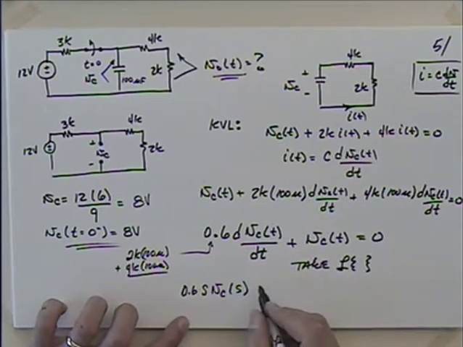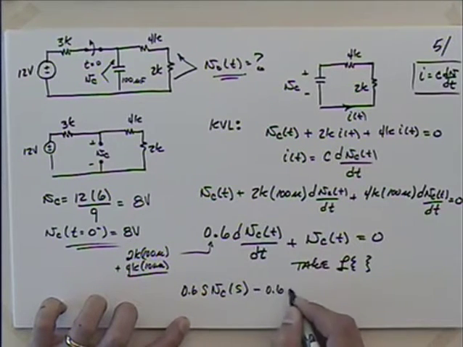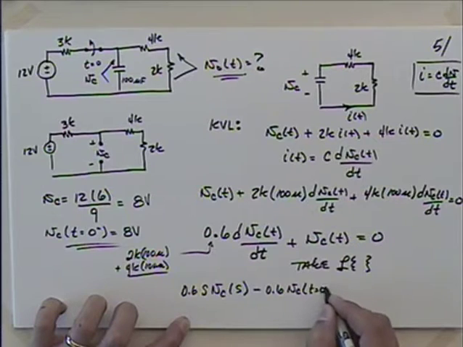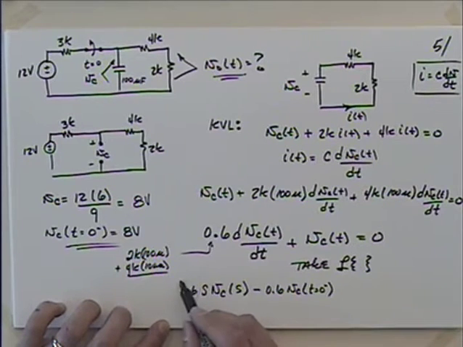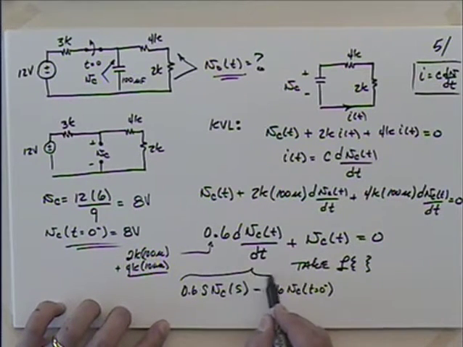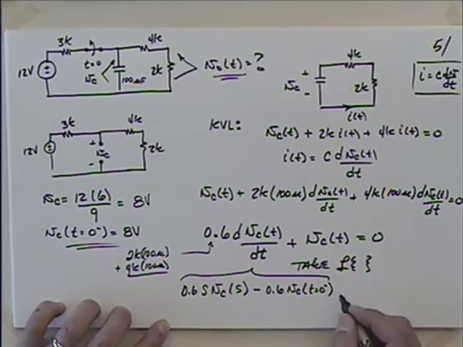And then I have to add to this a minus 0.6 times v of c at t equals 0 minus. So I'll have to deal with that. Those all come from that term right there.